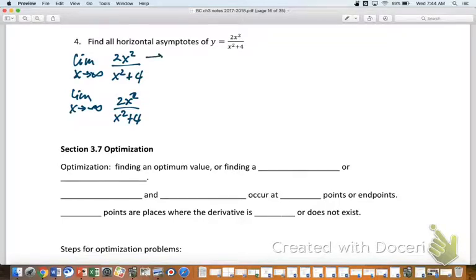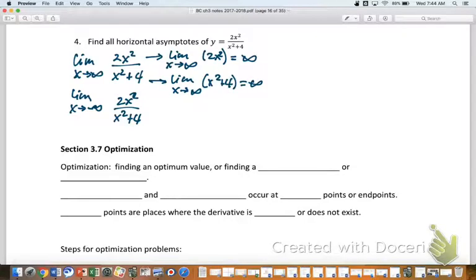We'd say something along the lines of limit as x goes towards infinity of the numerator equals infinity, and limit as x approaches infinity of the denominator. They both independently equal infinity. And if you wanted to put little arrows there instead of equals, there's nothing wrong with that.